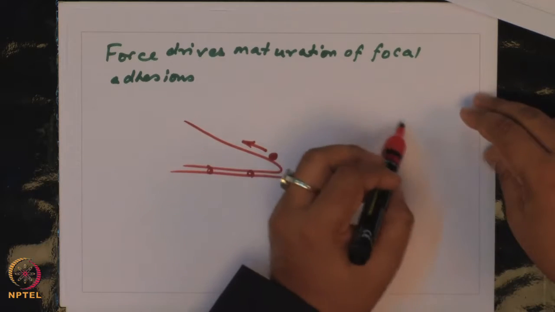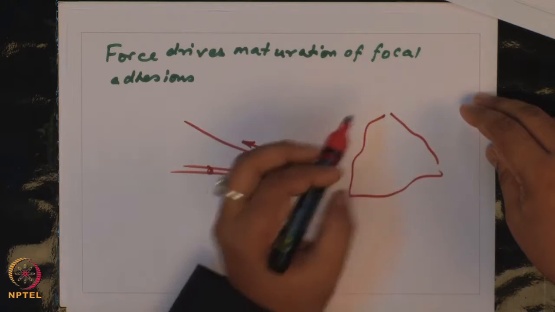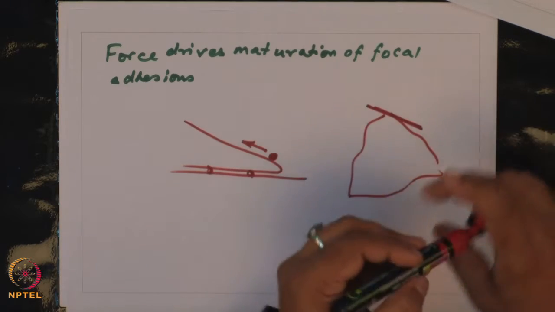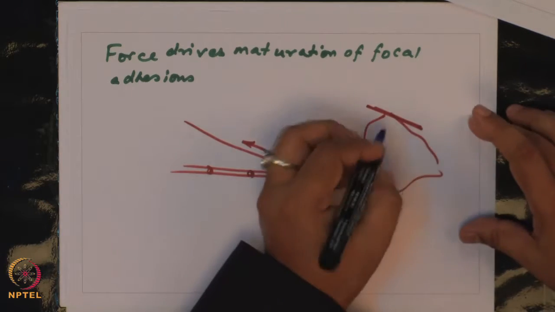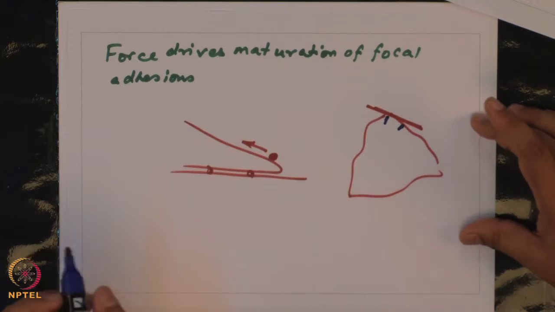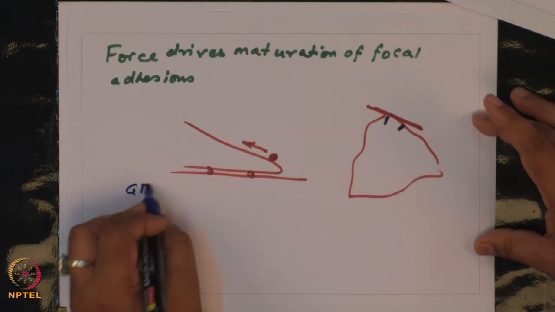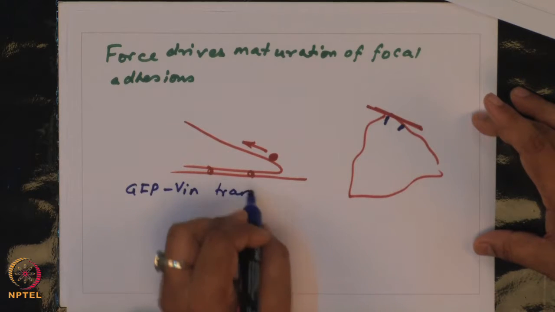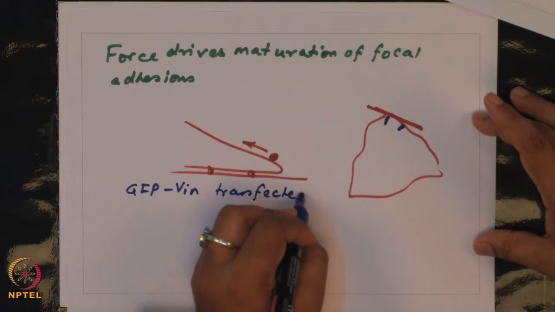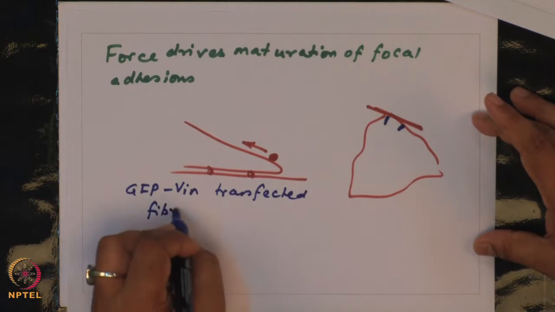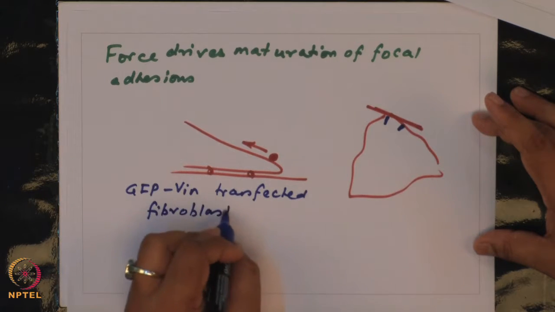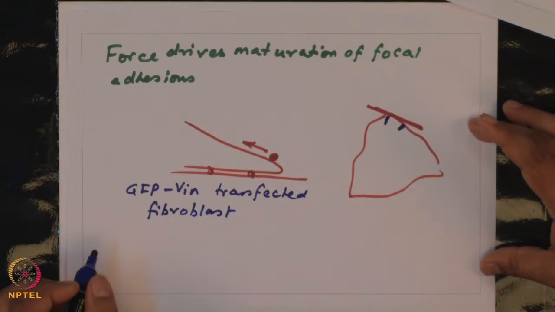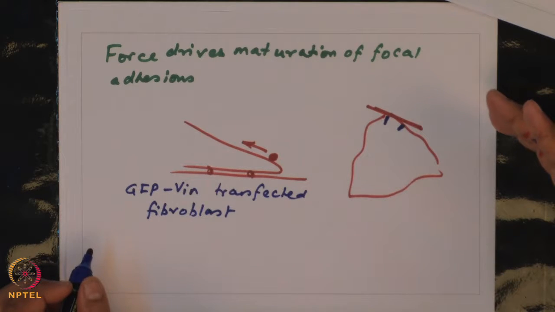In top view you can see that wherever you put the pipette, next to this you see growth of focal adhesions. This was done with GFP vinculin transfected fibroblasts. This paper I have also recommended to you as a reading assignment. You can download it through PubMed.